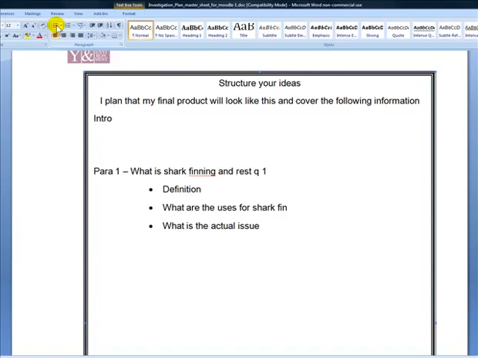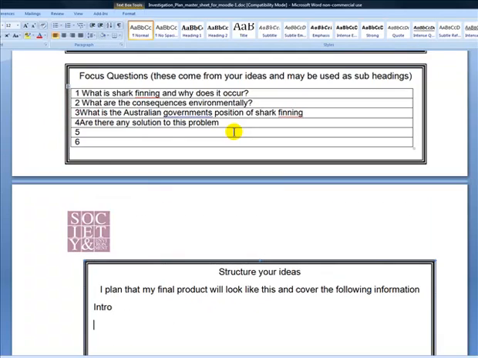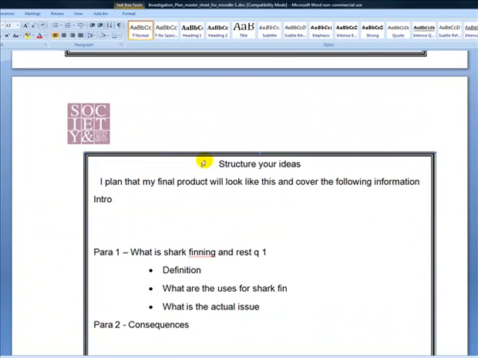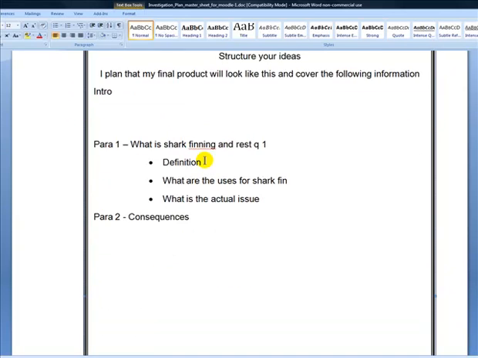So the next thing you do is looking at paragraph 2, and again filling out. Now in this section I'm going to want to look at the consequences, and if I scroll up, what are my consequences environmentally is the second focus question that I came up with.